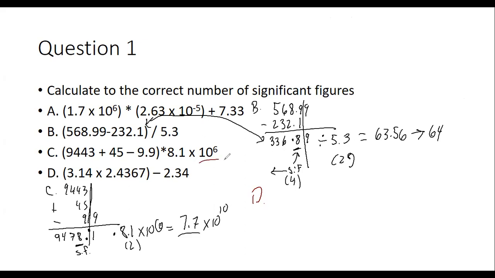Do not forget that number. That number is very important. If you drop that number, you're going to be off by, what is it, a factor of 1,000,000? Yep. So that 8.1 times 10 to the 6 just means this number is 8.1 million, I think.